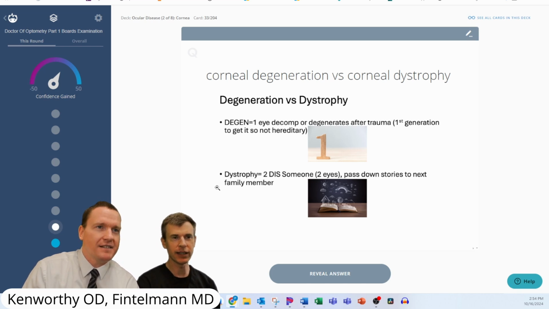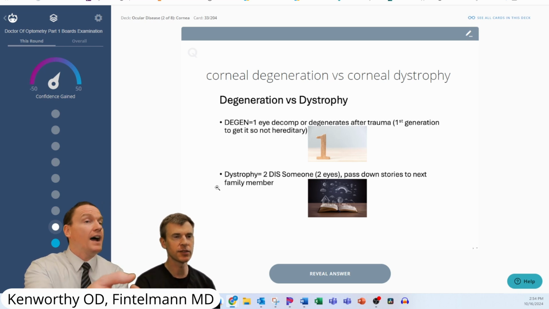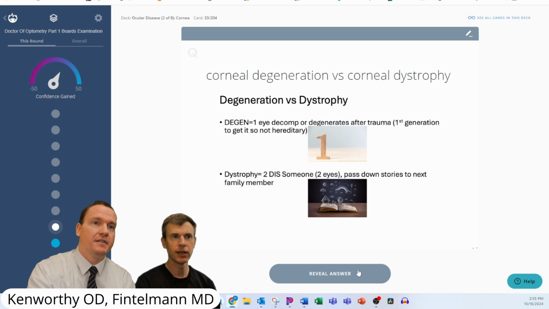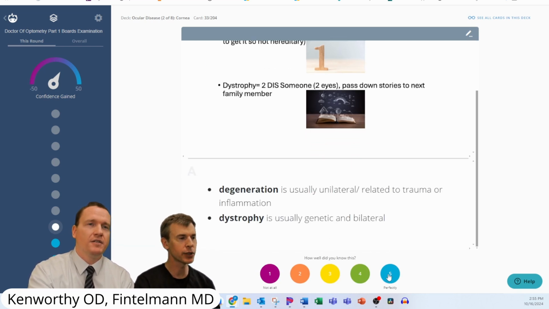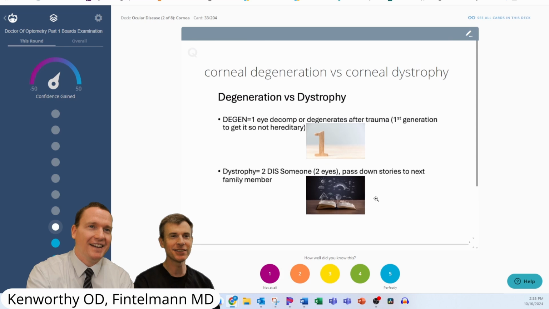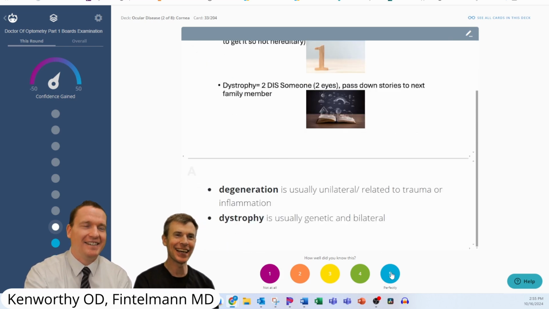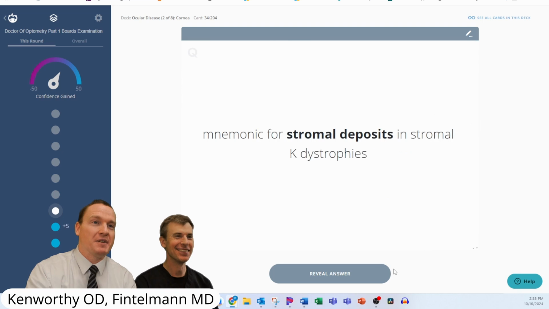You should be able to define it. There's no answer, but yes, dystrophy: it's in two eyes, they pass down, and it has an H. Hereditary. Yes, dystrophy, hereditary, in both eyes. Degeneration is unilateral, because somebody had a trauma. Not really a question, but a good concept.